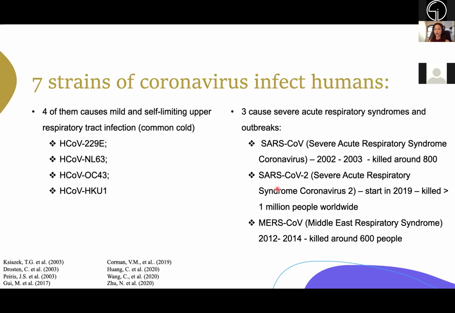And the actual pandemic situation is caused by SARS-CoV-2, which causes the COVID-19 disease that started in China in 2019, that everybody knows, and it has killed more than 1 million people worldwide until now.